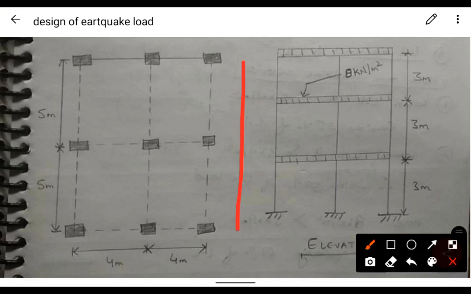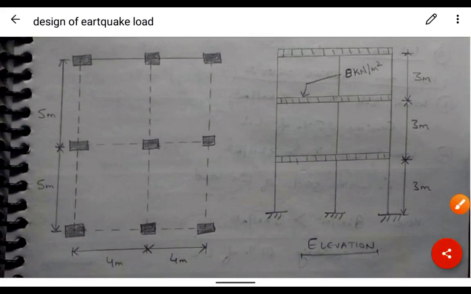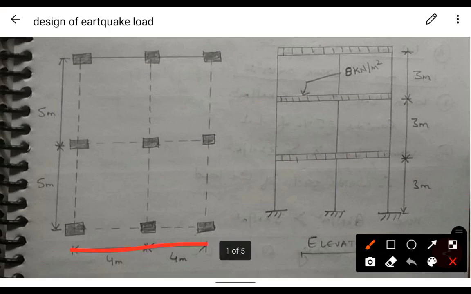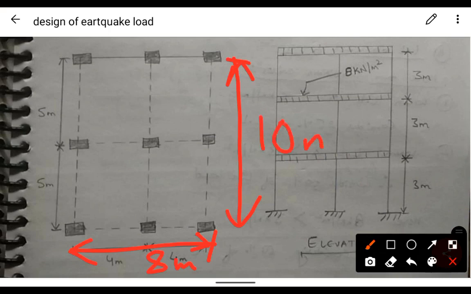So this is the lateral width, that is 10 meter. And the longitudinal width given here is 4 and 4, that is 8 meter. So the lateral width is 10 meter and the longitudinal width is 8 meter.